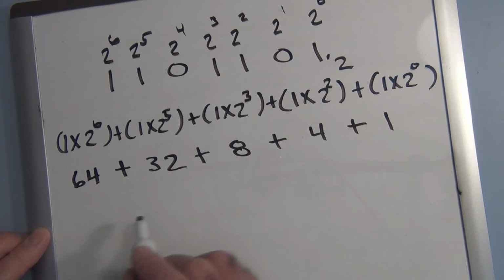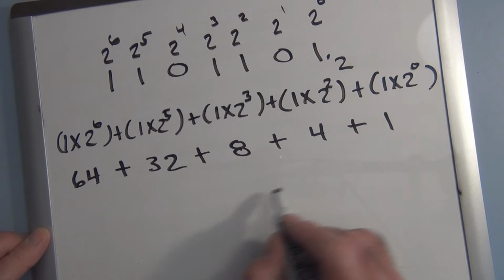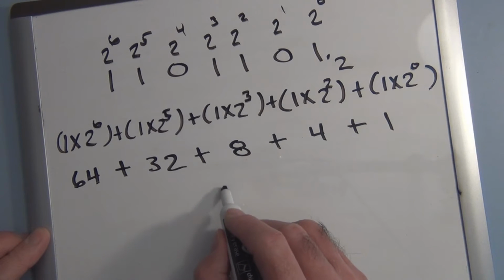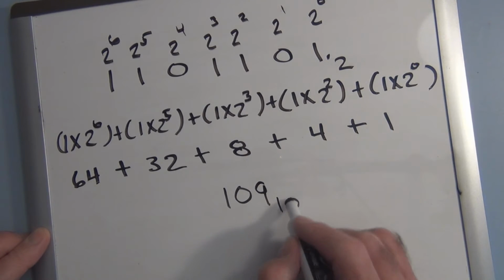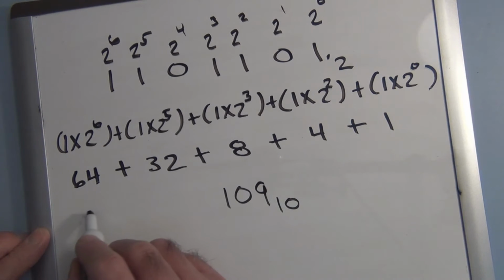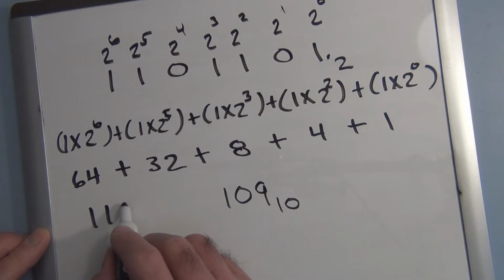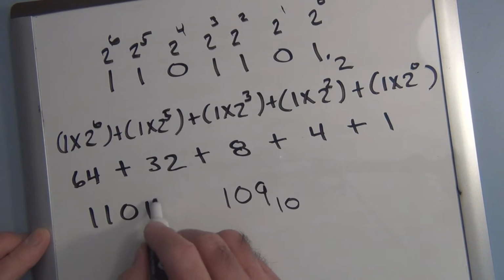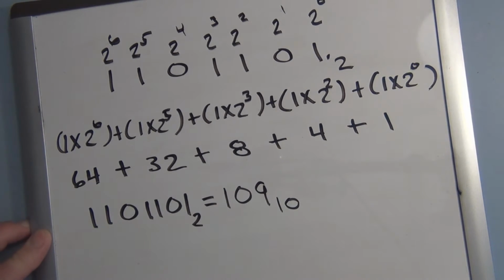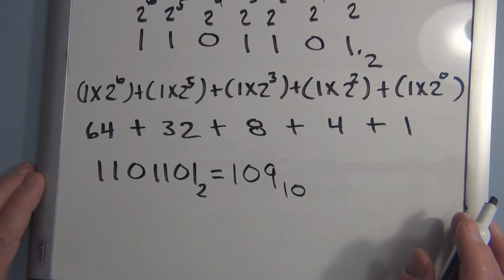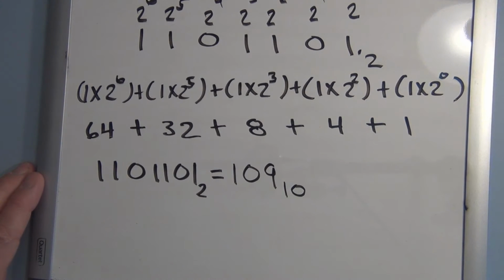And if we add these together, this equals 109 in decimal. So we have 1101101 binary is equal to 109.